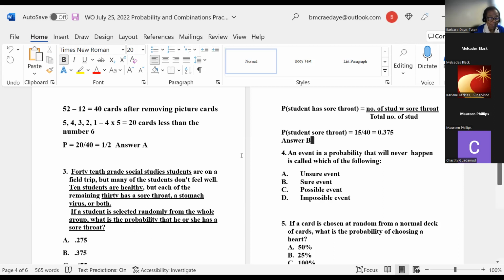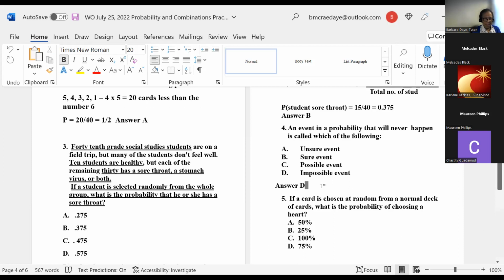It has a probability of 0, so the answer is D. If it can't happen, it's impossible. Like it's impossible to get a head and a tail at the same time when you flip a coin.